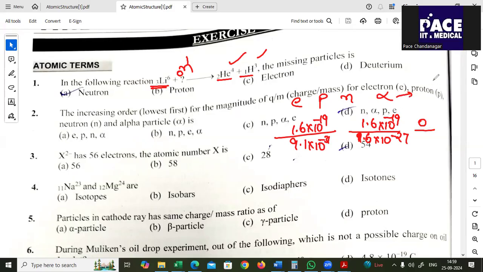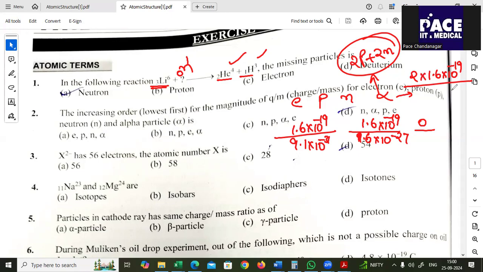And then alpha particle is 2 protons plus 2 neutrons, and it is plus 2 charge, which is 2 into 1.6 into 10 to the power minus 19. Alpha is always 2 protons plus 2 neutrons, so it has mass 4. Charge by mass ratio: neutron will not have any charge.